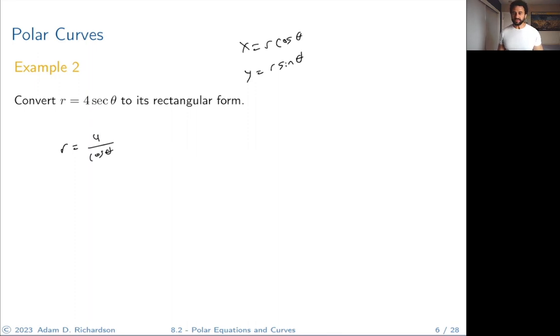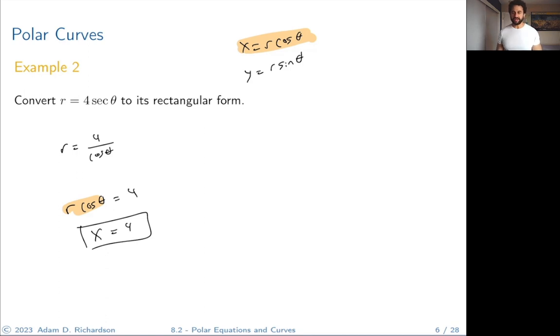If I multiply both sides by cosine theta, I get r cosine theta equals 4. But check this out: r cosine theta is x.